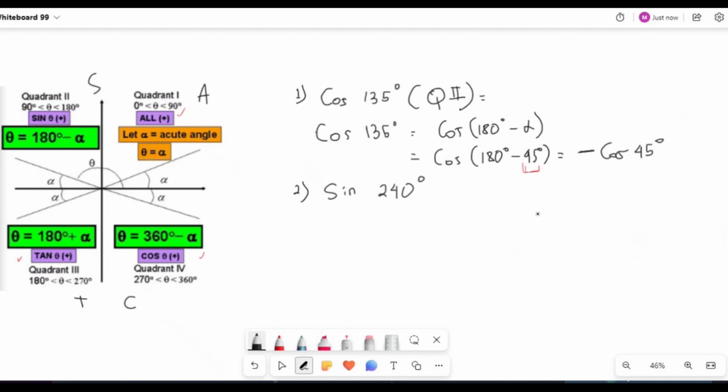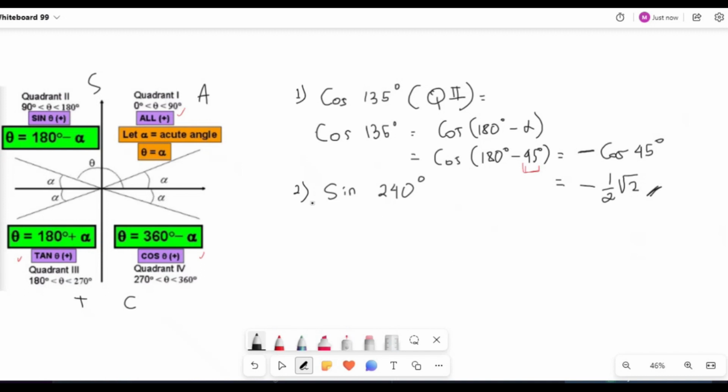But later on, you will find some questions that even a calculator cannot help you with instantly. You need to think about these kinds of properties. So it's going to be negative cos 45, and it's quite easy by applying the special angle. It's going to be negative half root of 2. That's it.